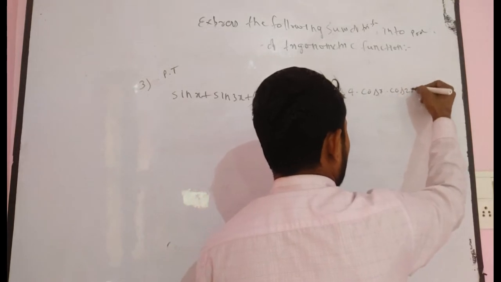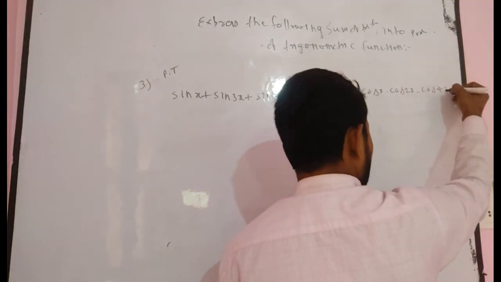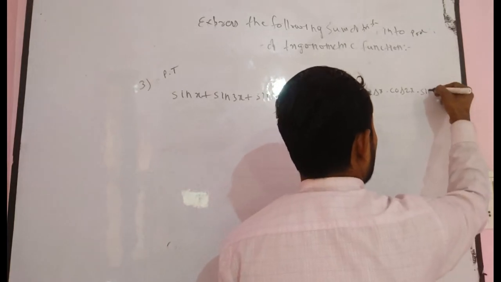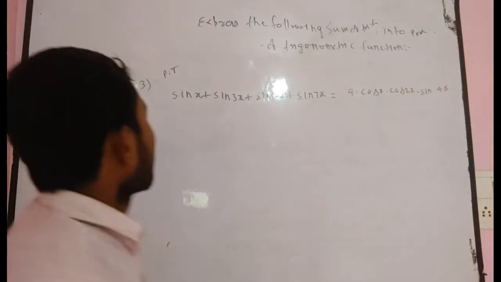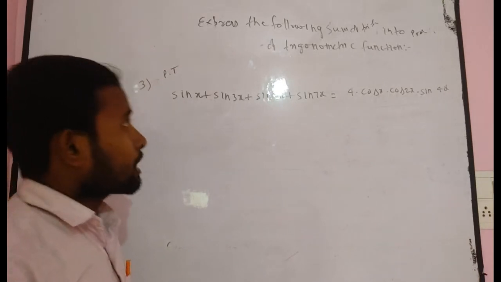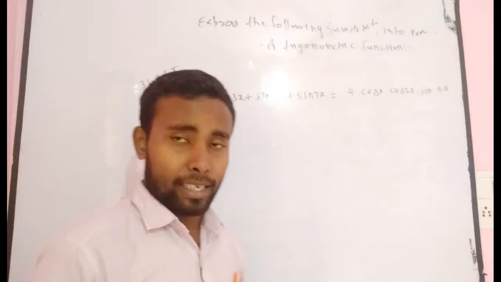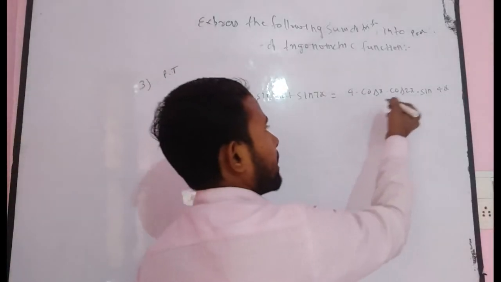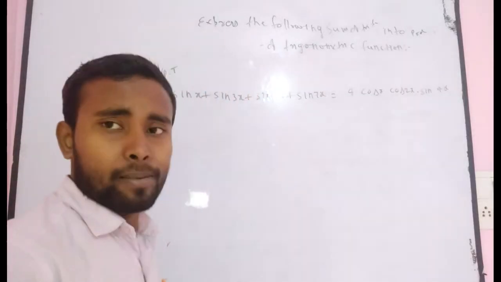Sorry, sin 3x plus sin 5x plus sin x plus sin 7x, and you have to prove it. It will be 4 cos x into cos 2x into sin 4x.